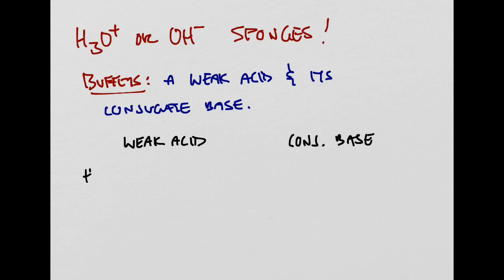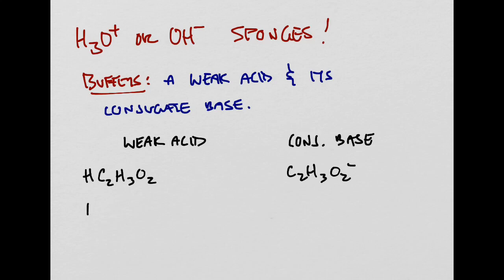If I have a weak acid such as acetic acid, which is HC2H3O2, also known as vinegar, its conjugate base, as you probably can predict when it loses its proton to form hydronium, will be C2H3O2 minus, or the acetate ion.